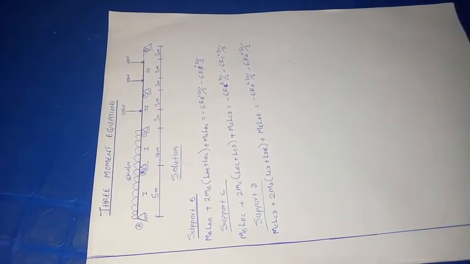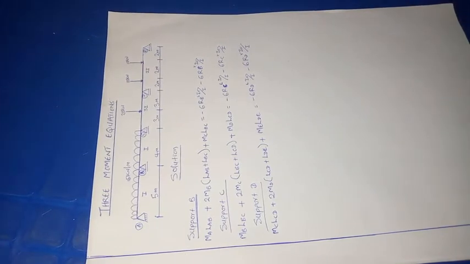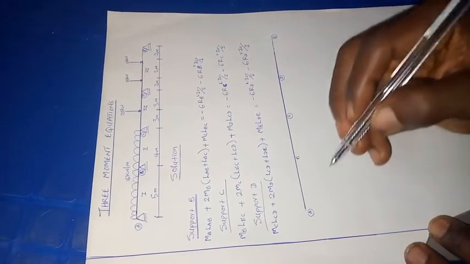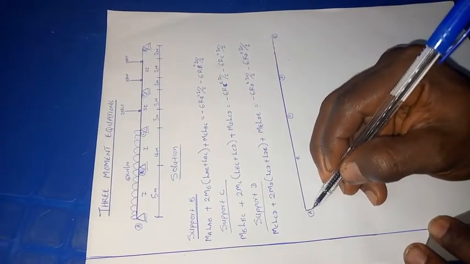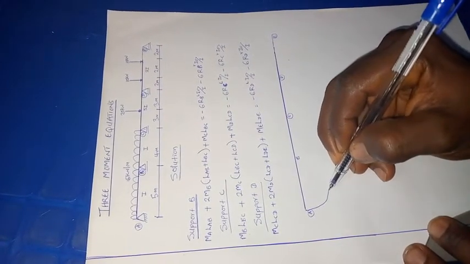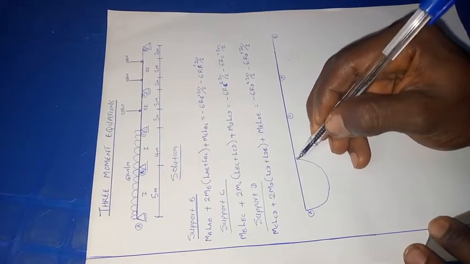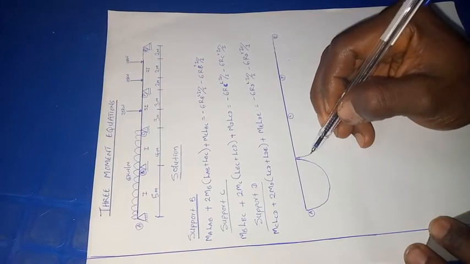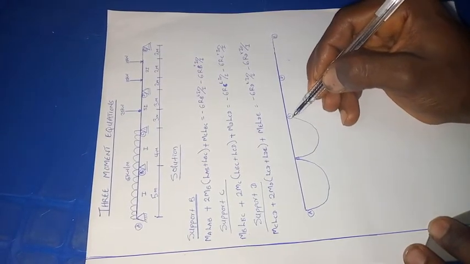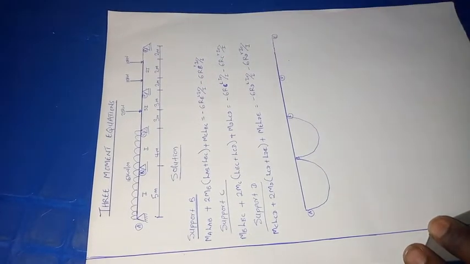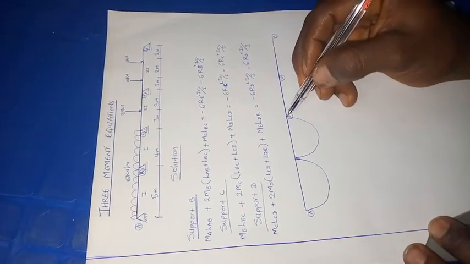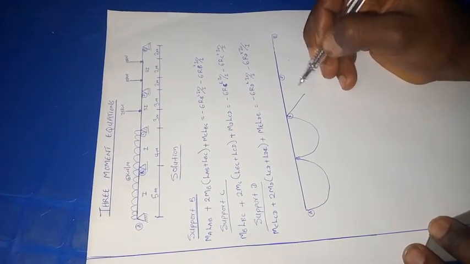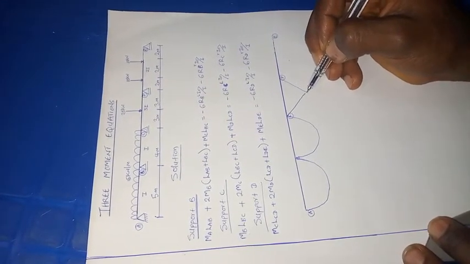The next thing I'll be doing here is to load my beam. Because it's a UDL, it's going to bend in a parabolic form, and from B to C it will also bend in a parabolic form. Then there's a point load acting at the center, so it is going to bend towards the center.